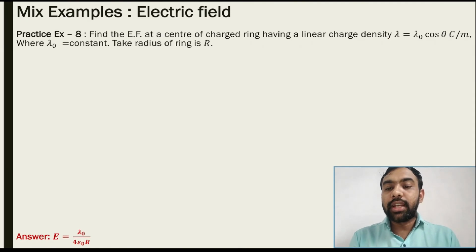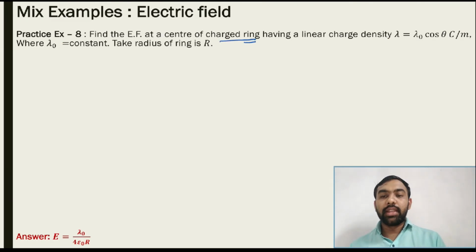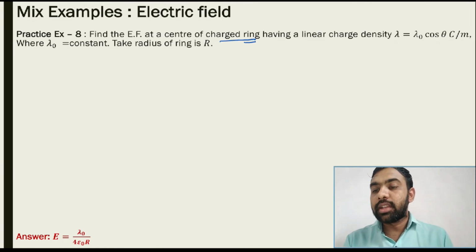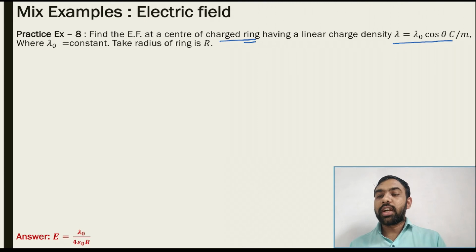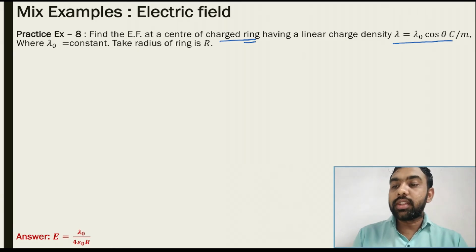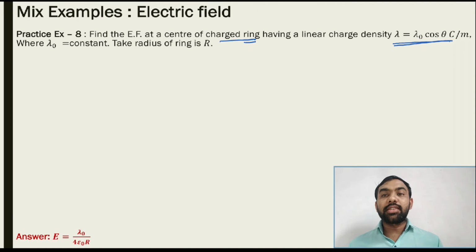Find the electric field at the center of the charged ring having a linear charge density lambda equal to lambda 0 cos theta coulomb per meter, where lambda 0 is a constant, and the radius of the ring is R. Actually we derived this earlier: for a uniformly charged ring, the electric field at the center is 0.